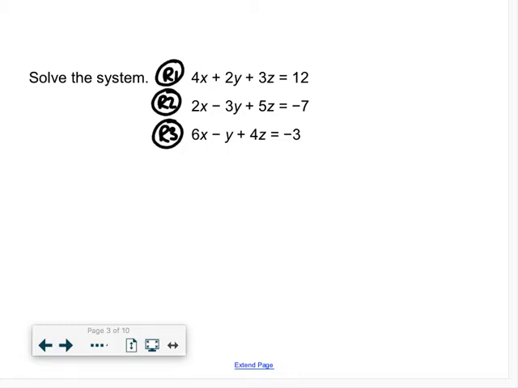Most of the time when I solve a 3 variable system, I'm going to use elimination. So knowing that I prefer elimination, I want you to look at those 3 equations and try to decide, if we want to work smarter, not harder, is there a variable that would be best to eliminate?